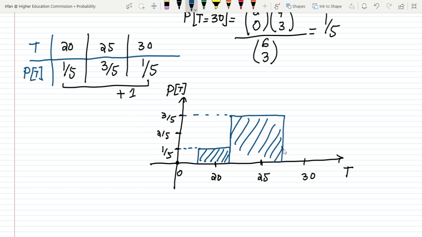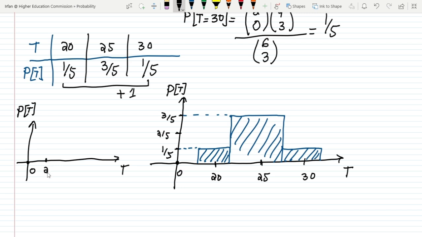So this is the distribution for it as well. We can also make it more convenient by reducing the size of the boxes, and you can see that the plot will look nicer.